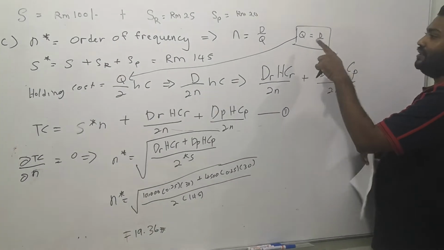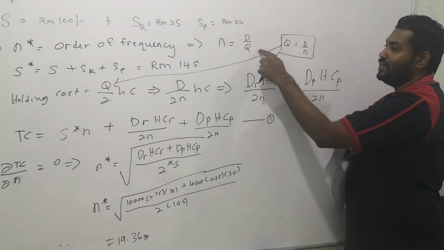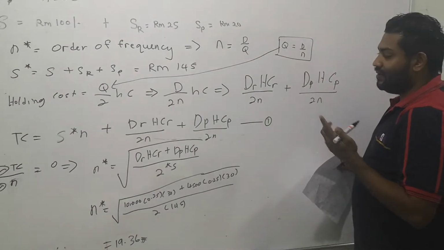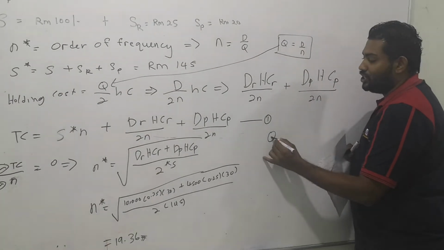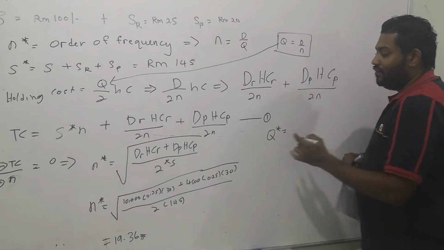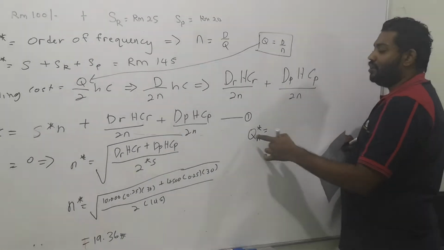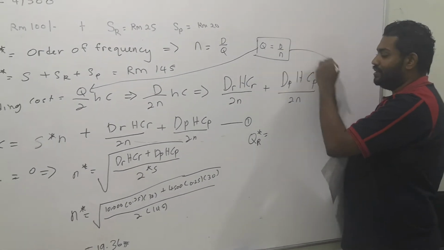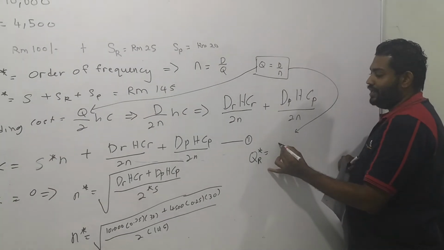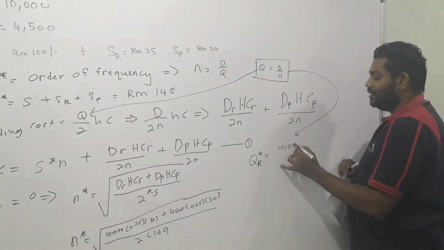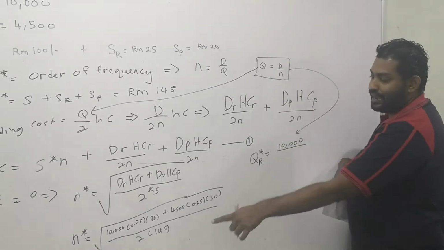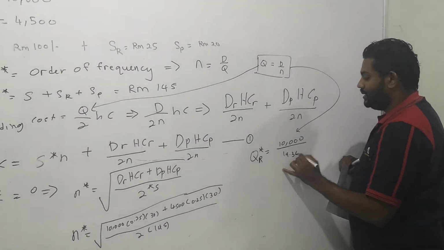Since we already have the formula N equals D over Q, basically we can find the optimal Q of each coffee. First, let's do the optimal regular quantity. I'm still using the same formula here, so my D is 10,000 divided by N. My N now is 19.36.